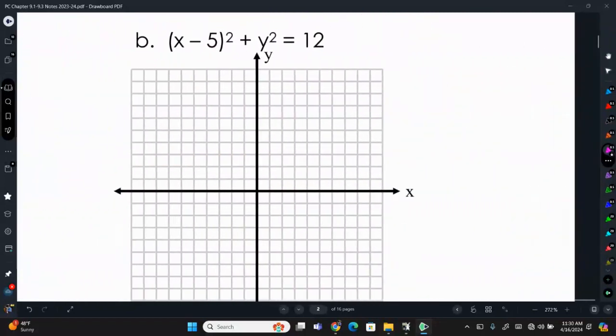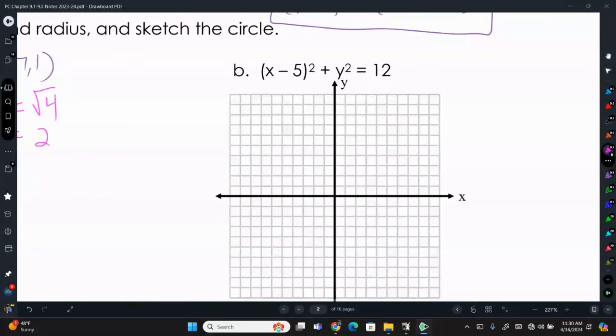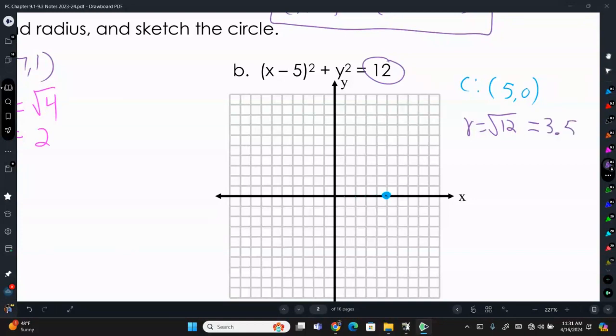All right, now over here, our center is going to be at 5, 0, because there's nothing with the y. So that vertical, that k value is 0. So we go 1, 2, 3, 4, 5, make a dot. Now the radius is the square root of 12, which is not a nice number, but if you round it, it's about 3.5.